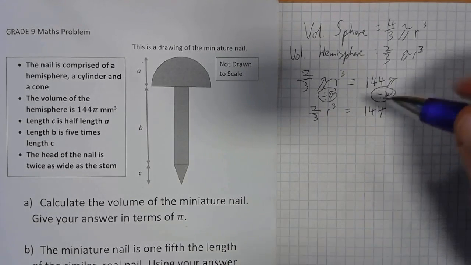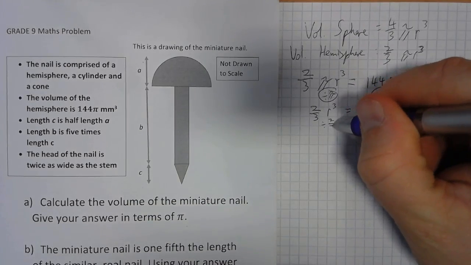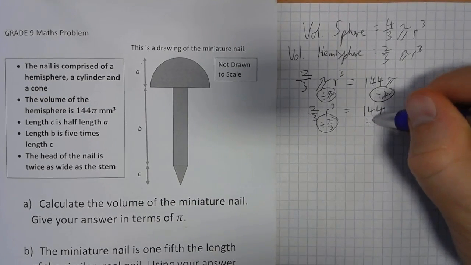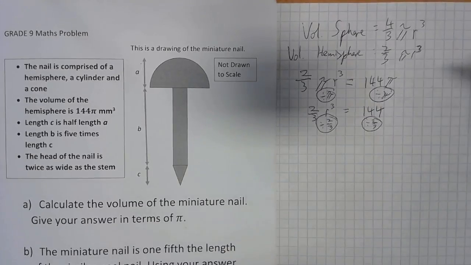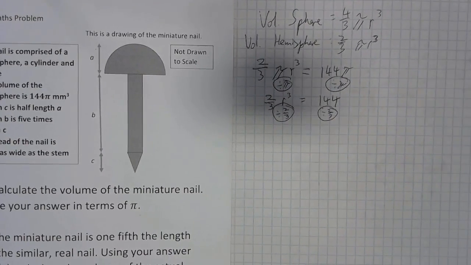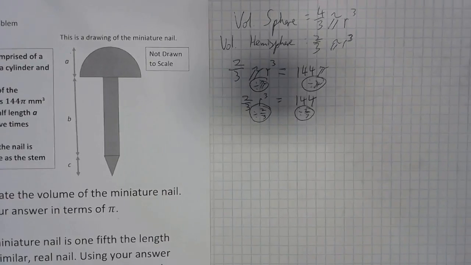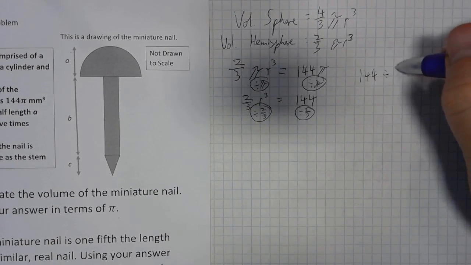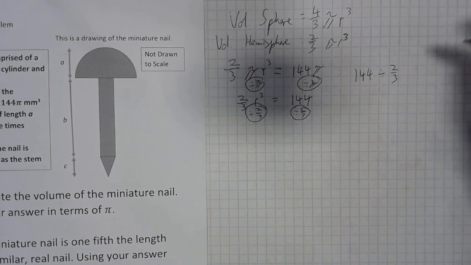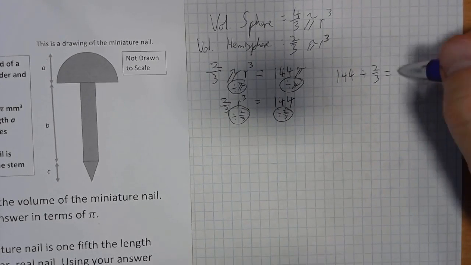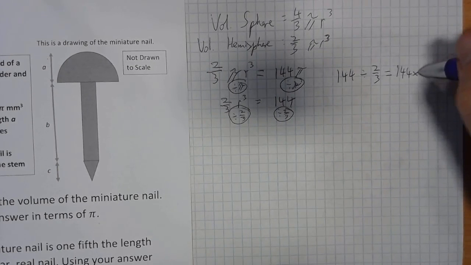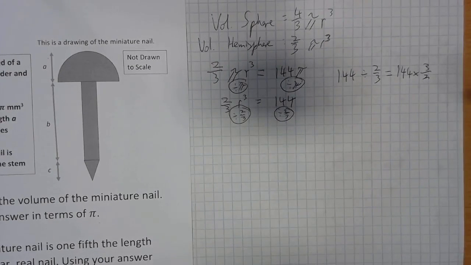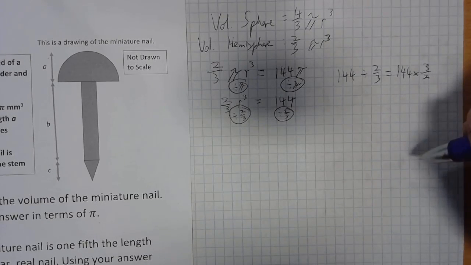I'm going to take this as if it were non-calculator paper, so I'm going to just do 144 divided by 2/3. So that's the same as 144 times 3/2. So that would be times that by 3 and then divide by 2.